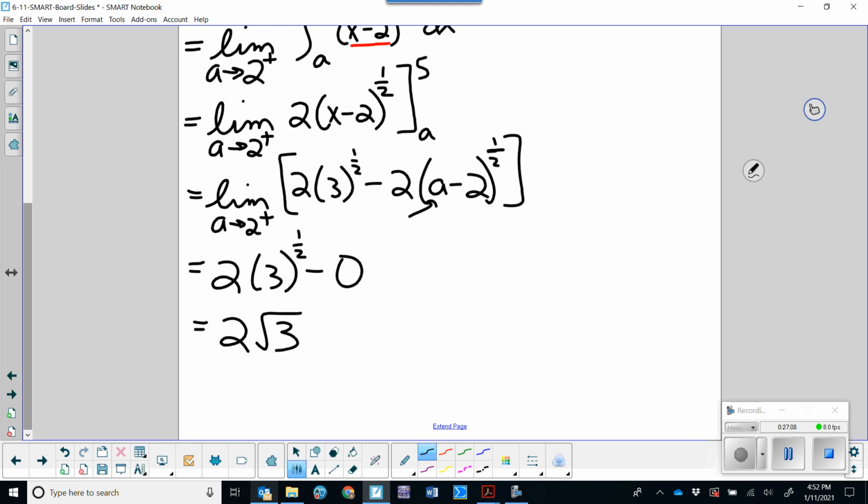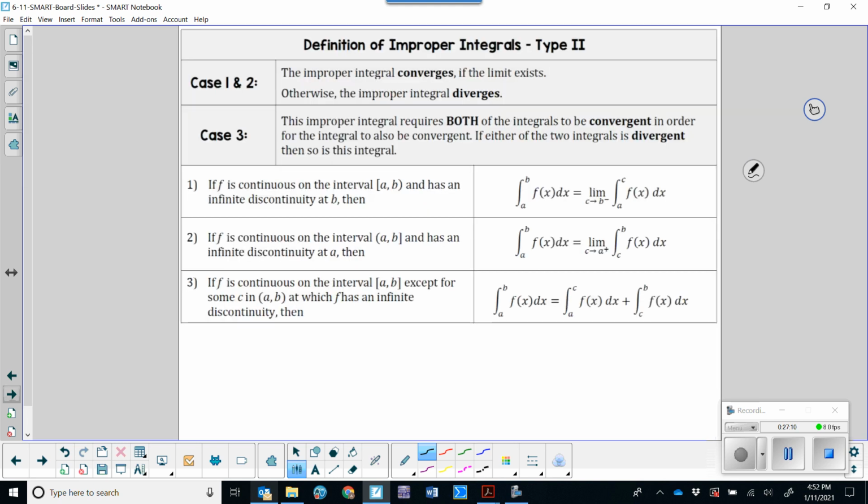All right, so kind of your definitions of being improper. So your possibilities for being improper is that you either have an infinity somewhere, or you have an infinite discontinuity at one of the ends. Okay, so like if C is the place you have a discontinuity, you're going to let C approach B from the right.